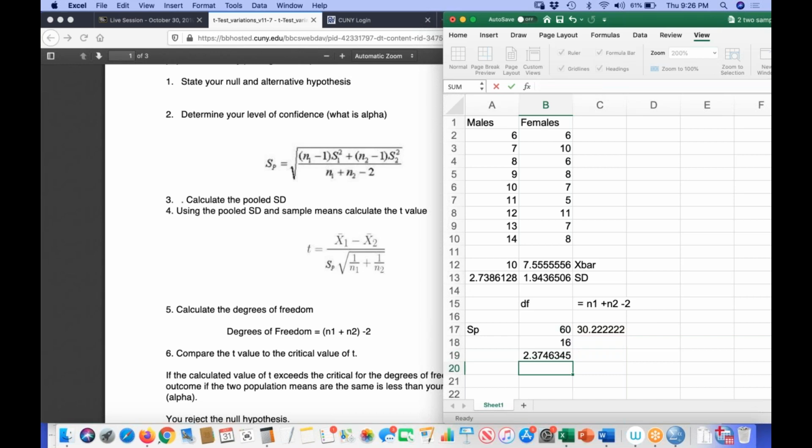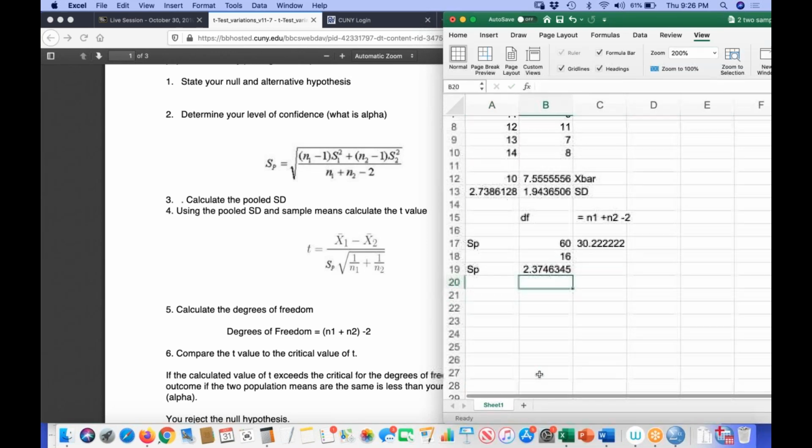And it comes out to be 2.37. That's our pooled standard deviation. What was our standard deviation for the first group? 1.94. The second group is 2.7. This one's almost right in the middle. That's not a coincidence, right? They're the same sample size, so it's pretty close to being in the middle. So that's now going to be our Sp, the pooled standard deviation.